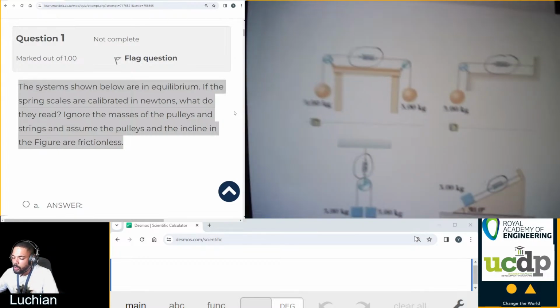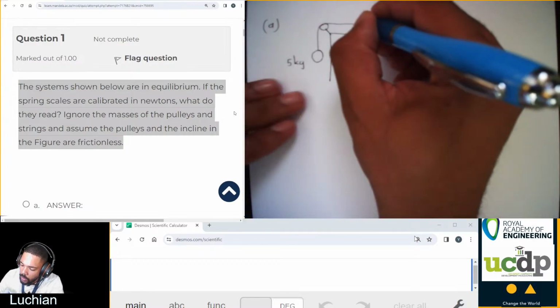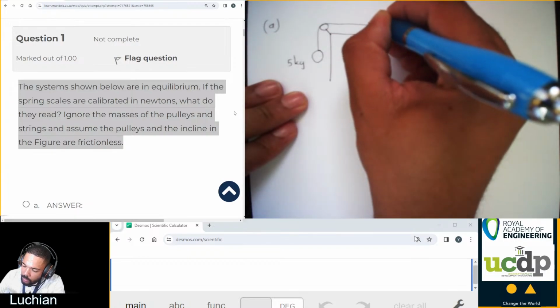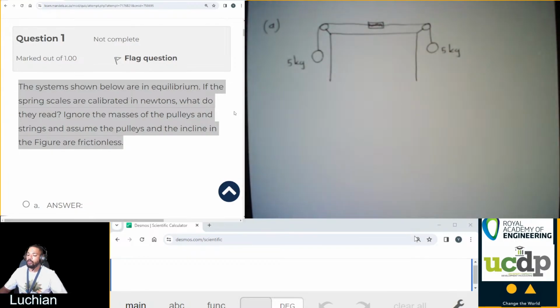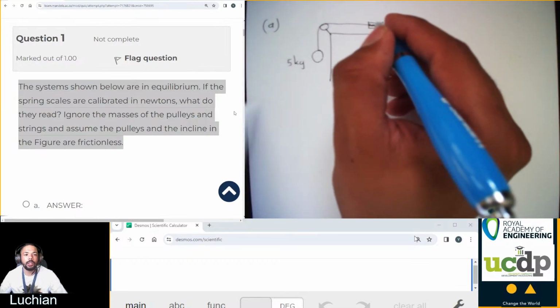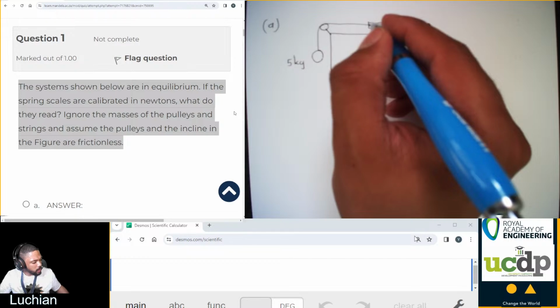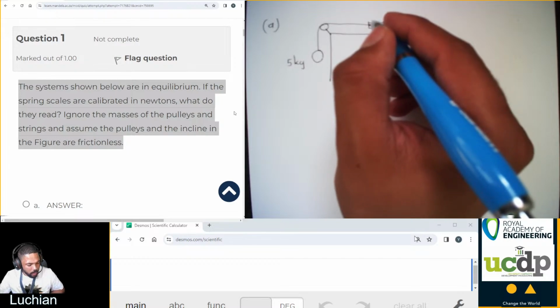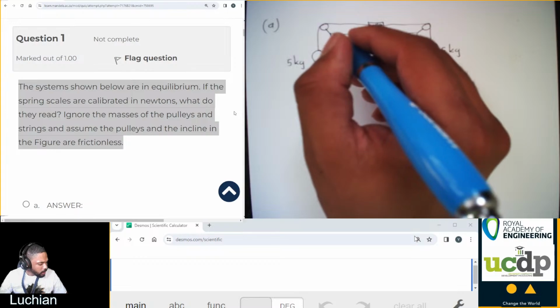I just drew that, and I still need to draw in the scale. The scale measures the force. We need to determine what is the force in this spring scale.